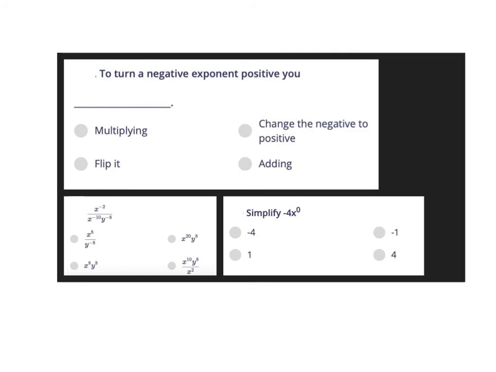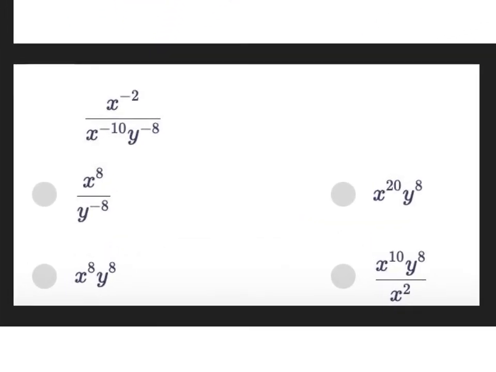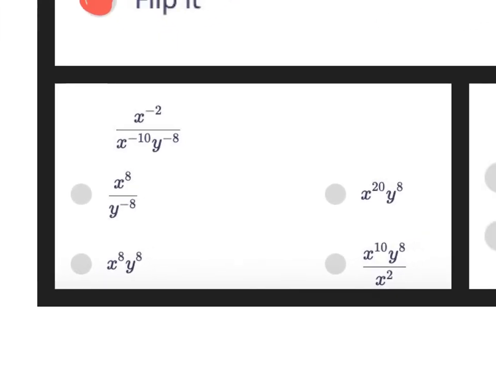To turn a negative exponent positive, you flip it, and change the negative to positive. Down below, if we want to change all of these negative exponents to positive, all we're going to do is flip this whole thing upside down.